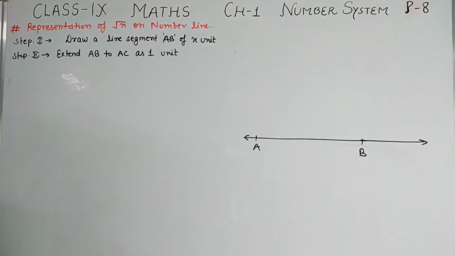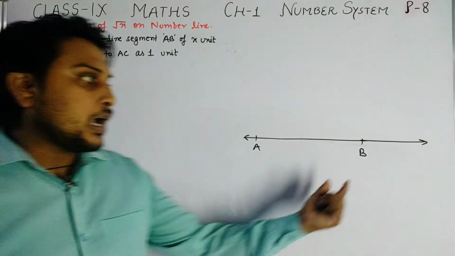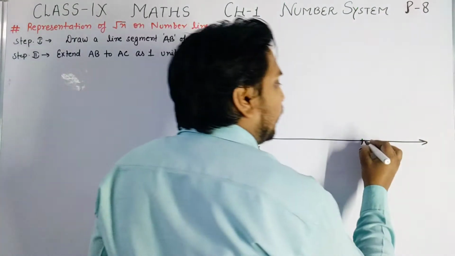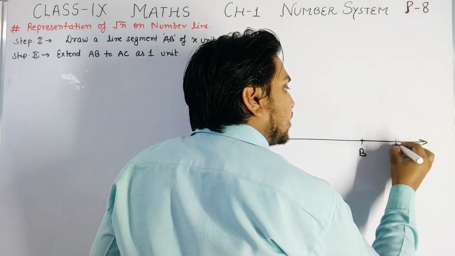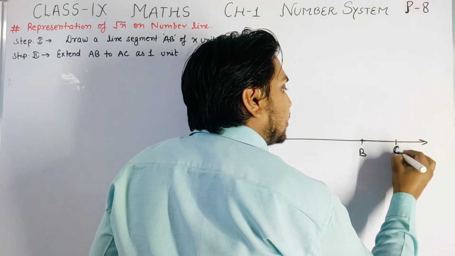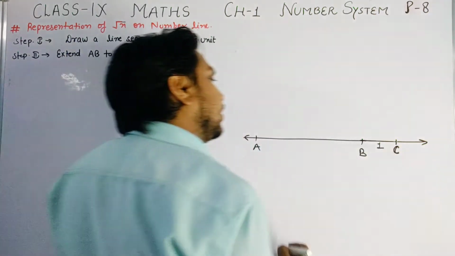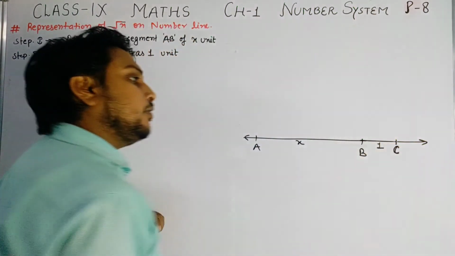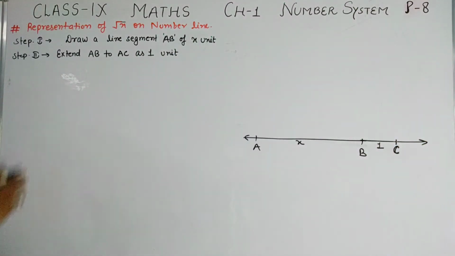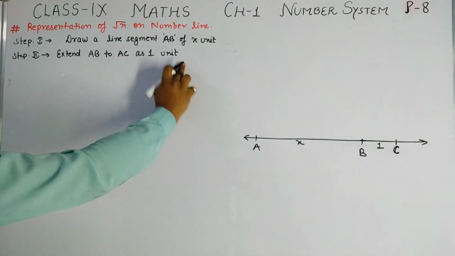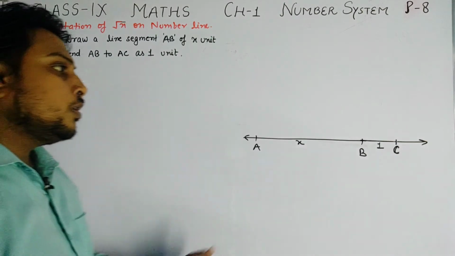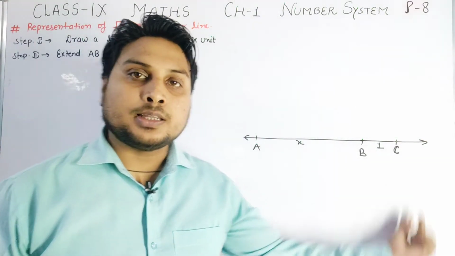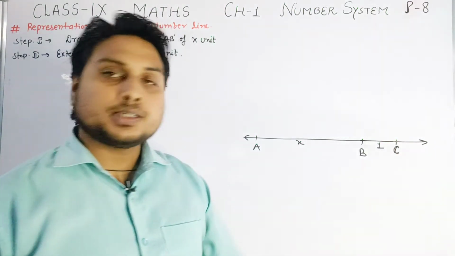Means after B you have to take 1 unit. From B to C, suppose here it is point C and this is of 1 unit. This is x unit and this is 1 unit. So 1 unit we have taken extra from point B to point C.